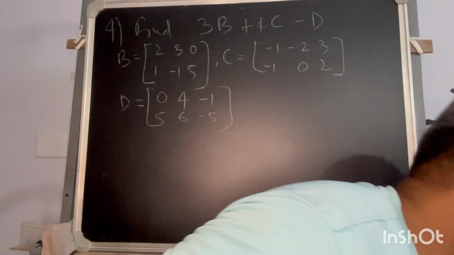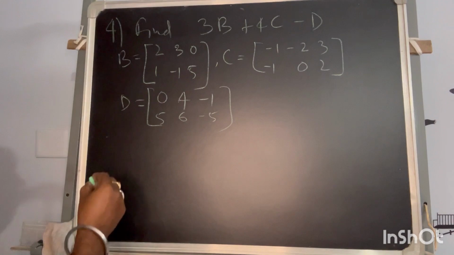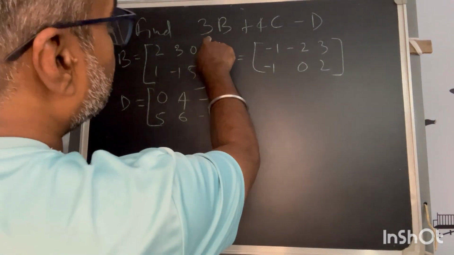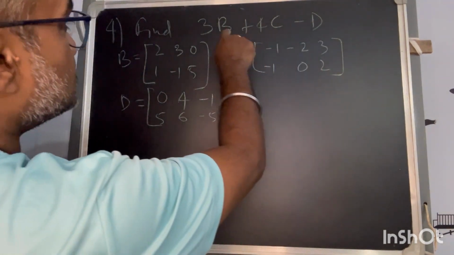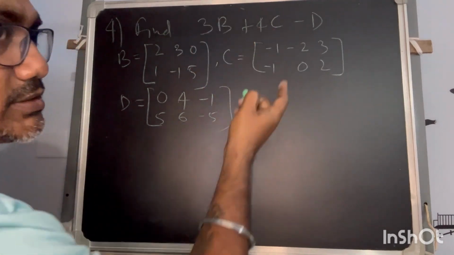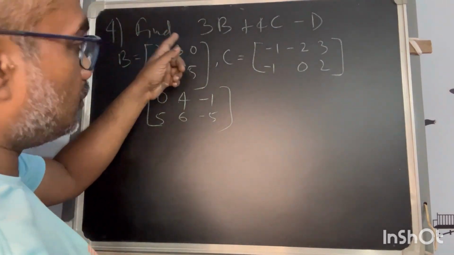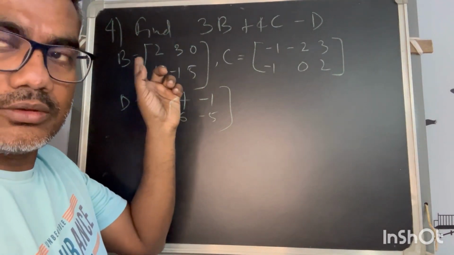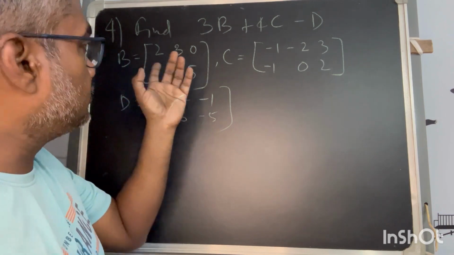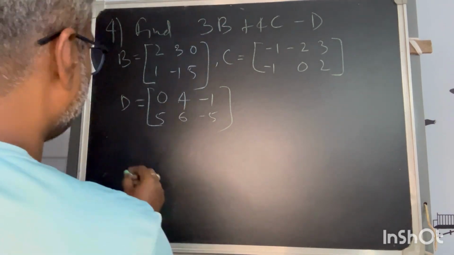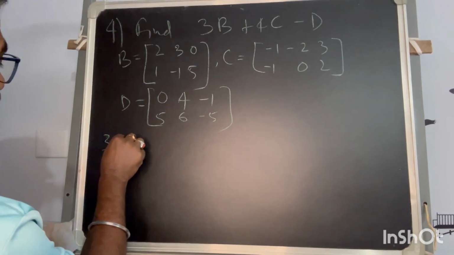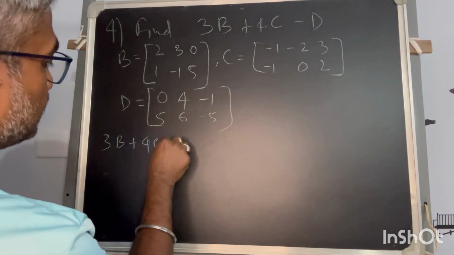Now we will go at a time. We will not waste time finding 3b and 4c separately, because these are all scalars. Scalars are adjusted in the matrix when multiplied with all the elements, and accordingly the matrix will change. So I will write it down directly. I will find 3b plus 4c minus d.